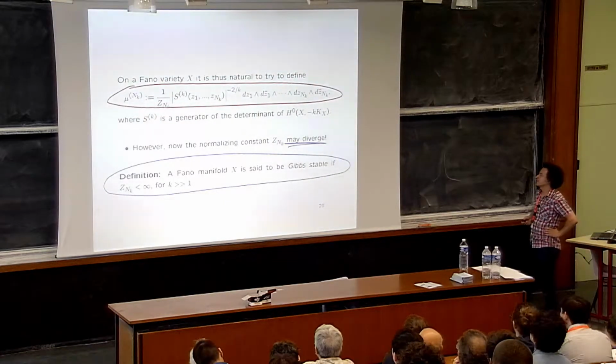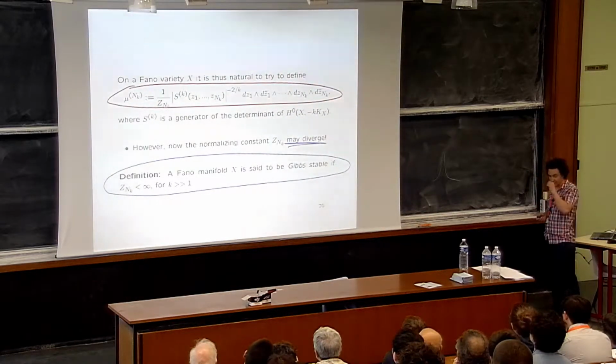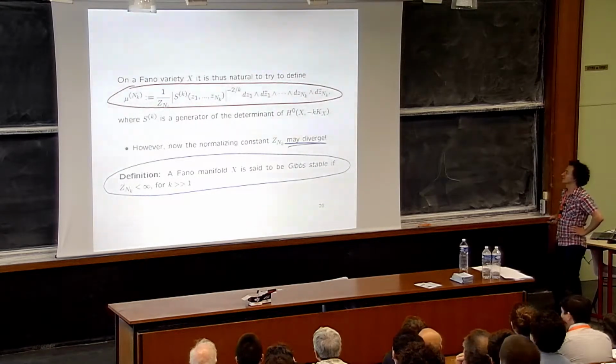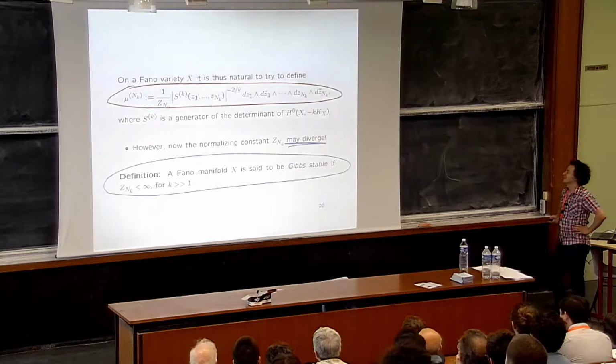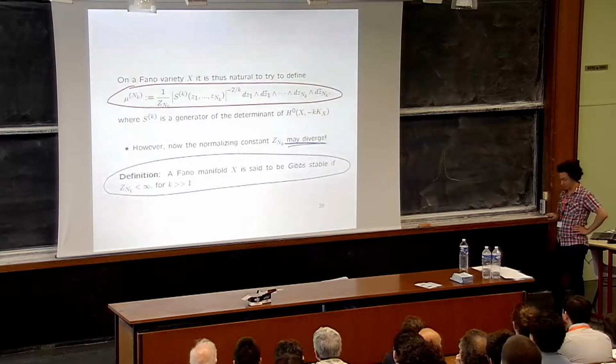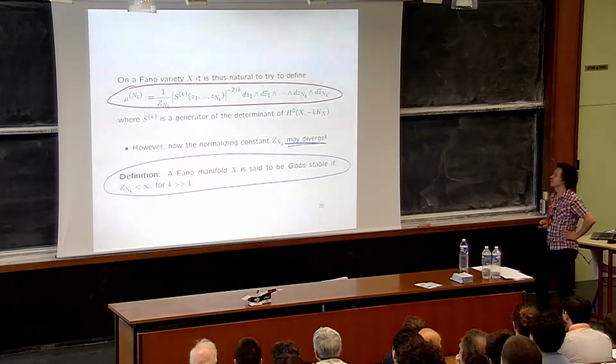So then what I propose is to define a new notion of stability, which I call Gibbs stability. Maybe it will be clear later why the name of Gibbs could be attached to this. If this normalizing constant is finite, we can proceed with this approach, basically.